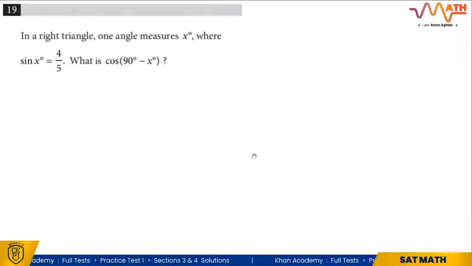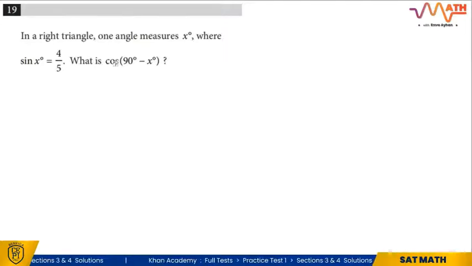In a right triangle, one angle measures x degrees where sine of x is 4/5. What is the value of cosine of 90 degrees minus x? I think this year you will learn these rules. Sine of x is equal to cosine of 90 minus x.